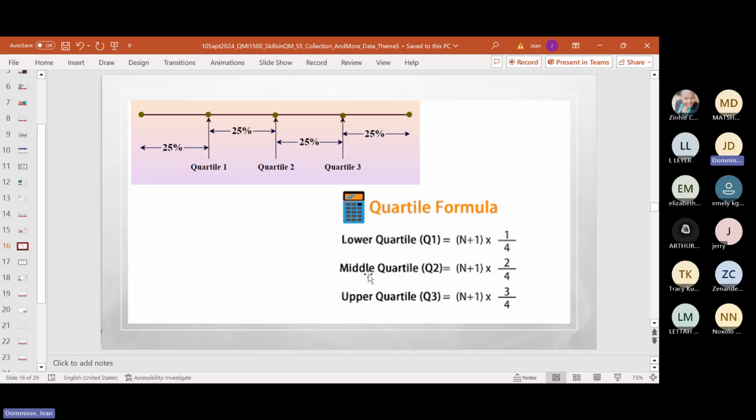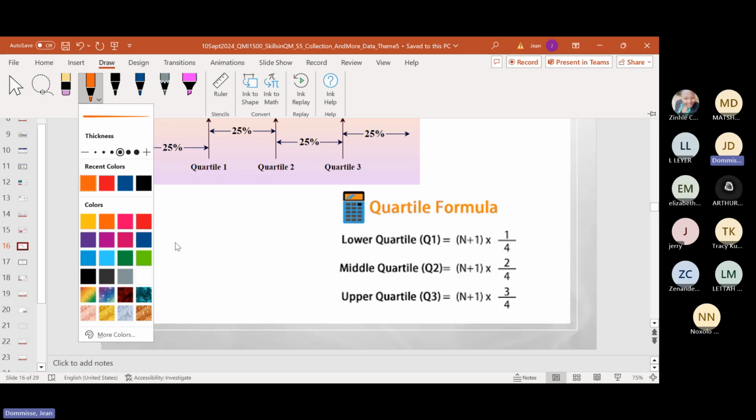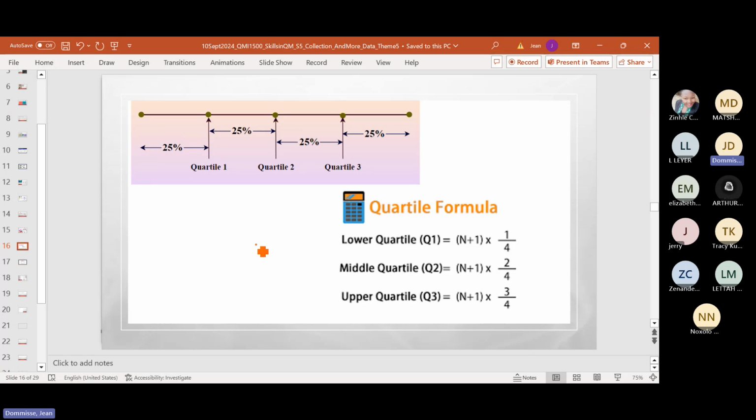Then what I've included also for you is quartiles. So basically any set of data can be divided into four pieces. Okay, so any set of data can be divided into four pieces, with 25% lying at the beginning.